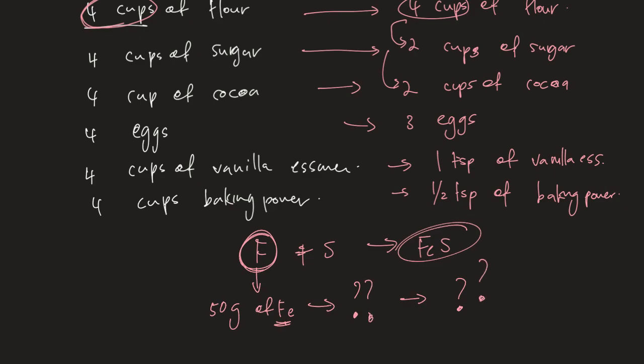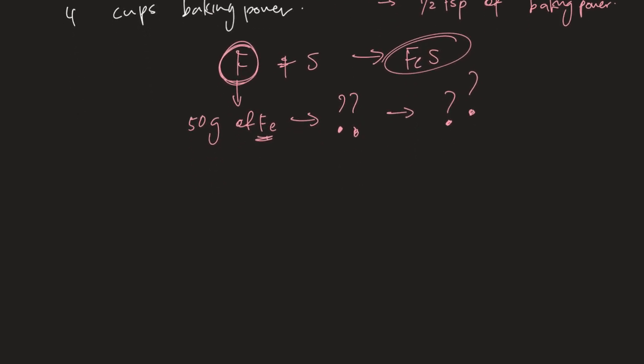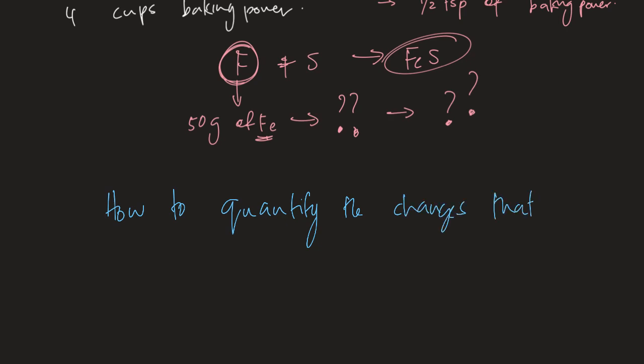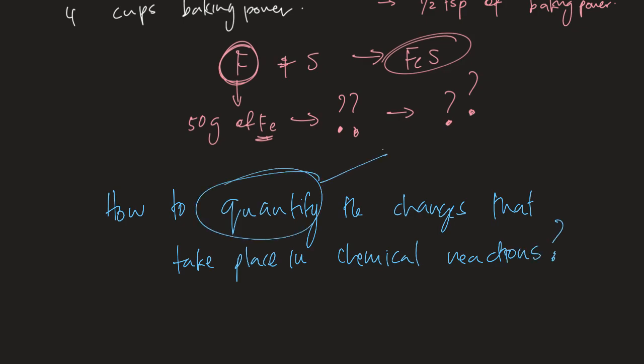So what we're going to look at in this chapter is how to quantify the changes that take place in chemical reactions. When we talk about quantify, we're talking numbers.